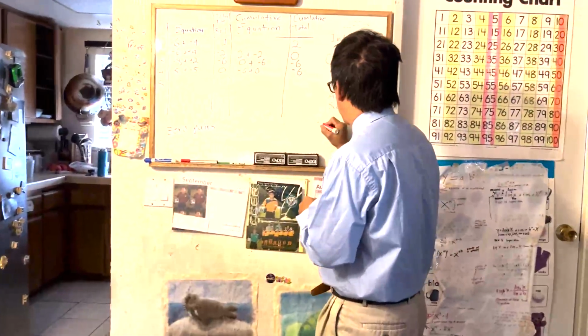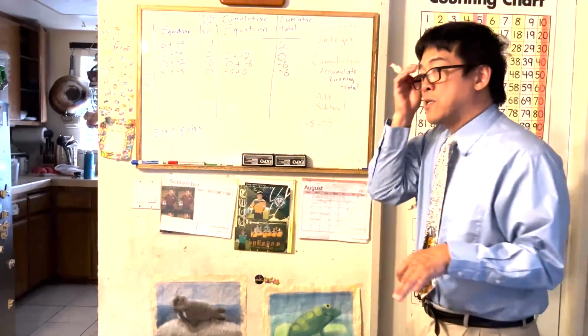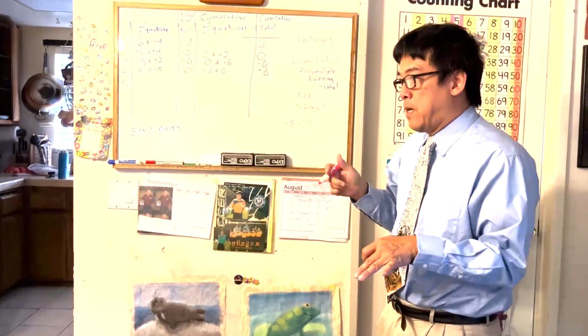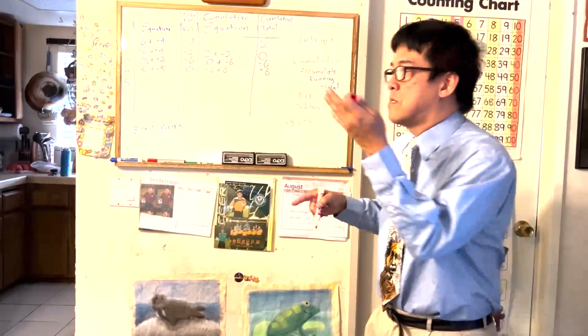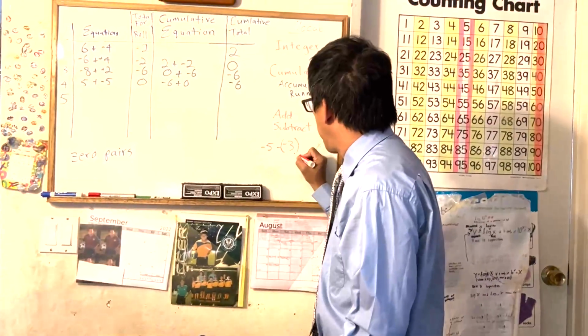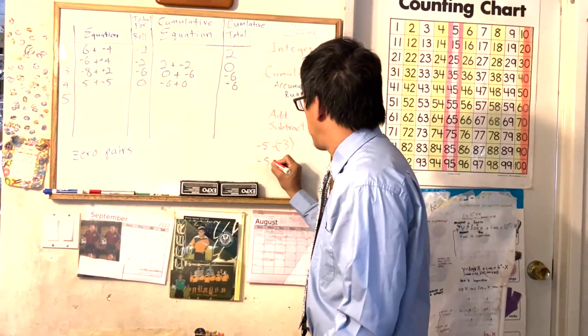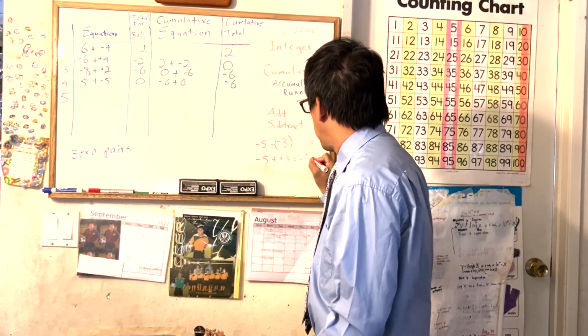And now here's the subtraction rule. -5 minus -3. The subtraction rule in your book is whenever you subtract a number, you add its opposite. So what's the opposite of -3? +3. So -5, we're going to add the opposite, and get -2.